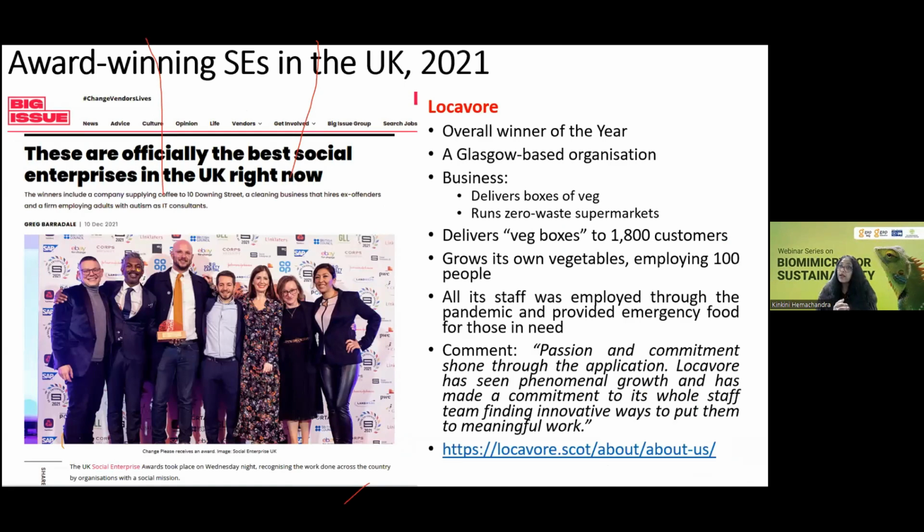However, there are a lot of lessons we can learn from the outside world. For example, in 2021, the UK tried to identify who has the best social enterprise model. The recent event took place in 2021, and they identified a couple of social entrepreneurs as the best social entrepreneurs of the year.